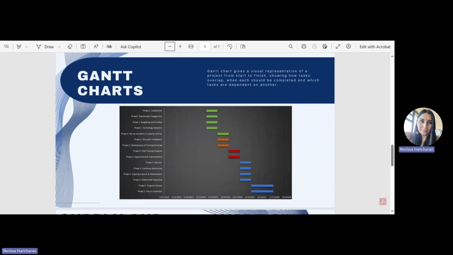And the example that I put from a Gantt chart is an ALP that I did in my master's level, where we had to run a project, and the project had to be a simulation. And the simulation is where the Gantt chart now comes into play. All the little color blocks that you see there, those are all your time horizons, meaning how long it's going to take you.